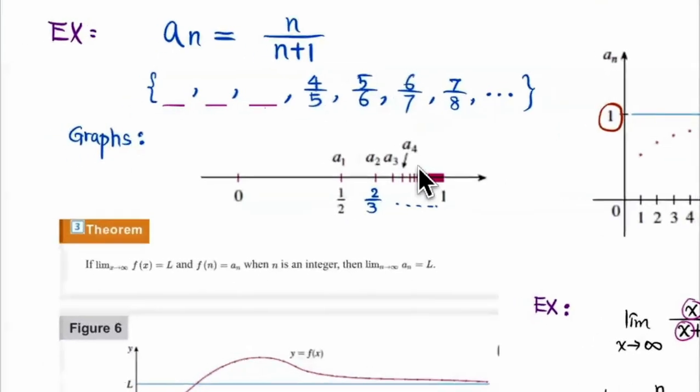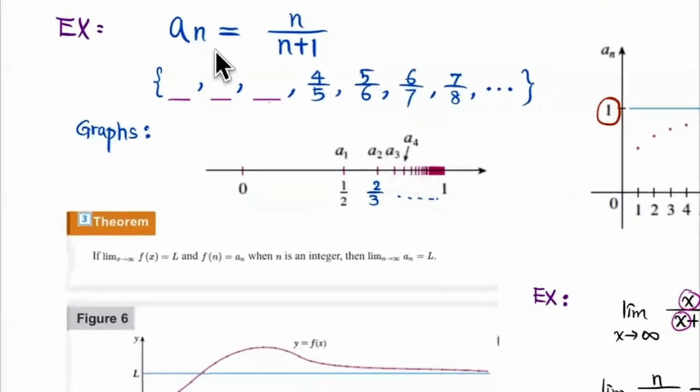Now the next example here is this sequence. Let's write out the first couple of terms. What will be the first term? 1/2? Yes, you got it. So that is 1/2. Next one, 2/3. And 3/4. Yeah, you got it. Continue this. If you graph this, what happened here?